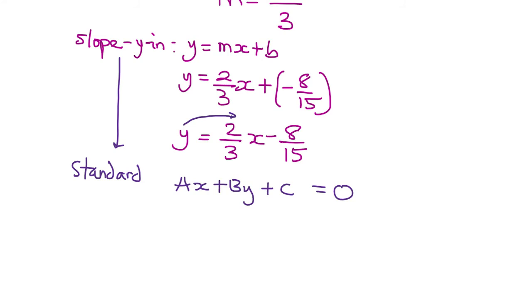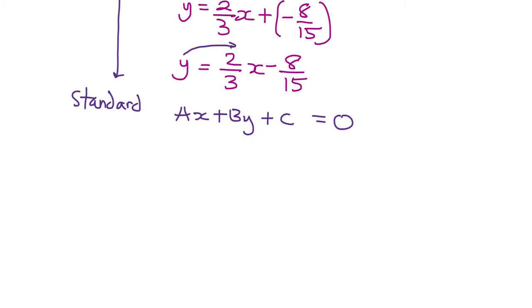So to make our lives short and great, we're going to move our y over to the other side, which means that you're going to subtract y from both sides. Negative y equals negative y, and then we have our other information, which is y, and on the other side we have positive 2/3x minus 8/15.